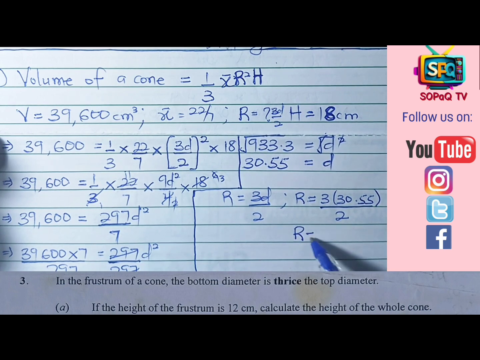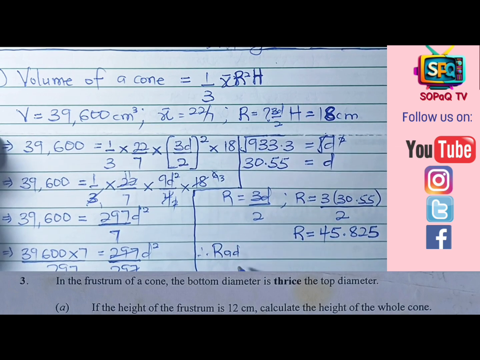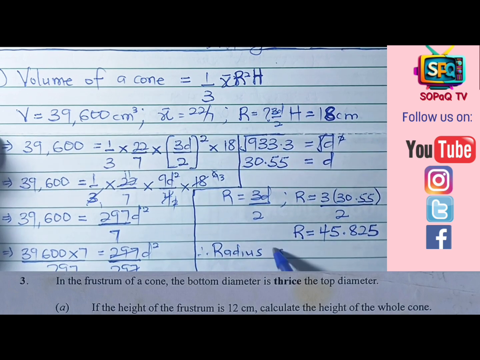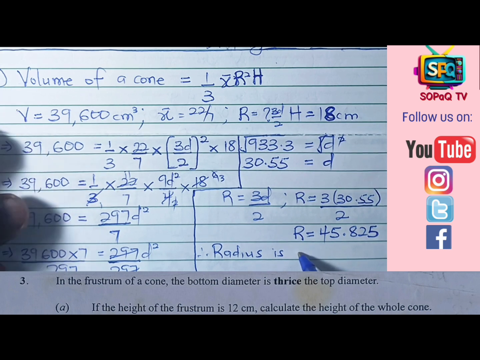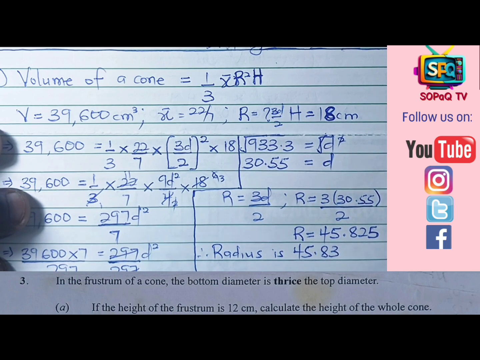And our R, with the help of the calculator for this side, will give us 45.825. And that's going to be our radius. We shouldn't forget we have to correct it to 2 decimal places. So 45.83.